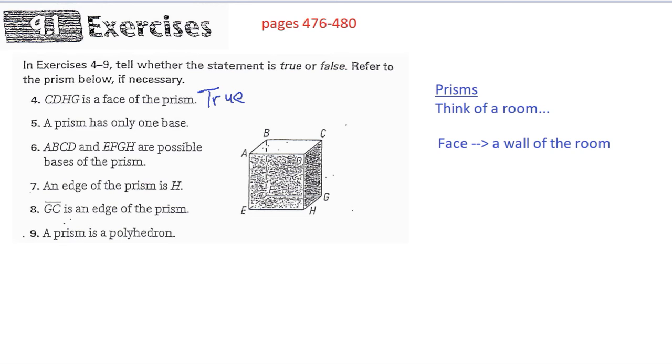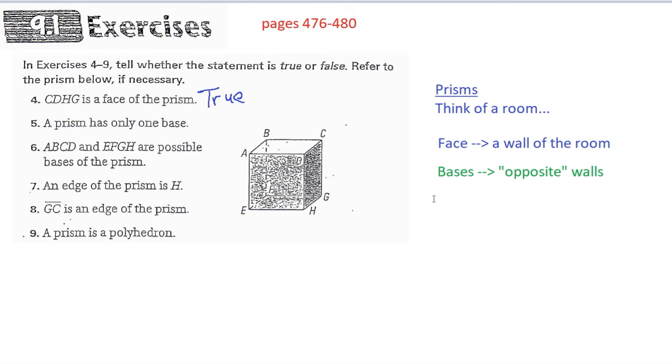Number 5, a prism has only one base. Now bases, that's another thing we can talk about if we think of a room. When we talk about the bases of a prism, we talk about opposite walls. Now there's lots of pairs of opposite walls.